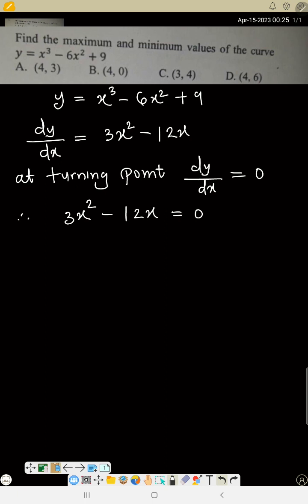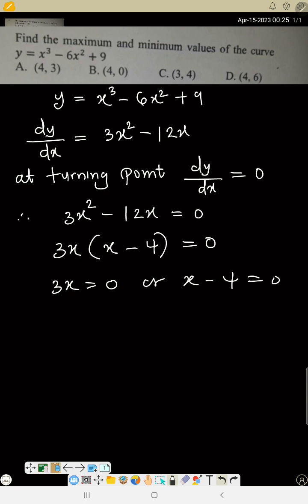So what is common here? 3x is common, so it remains x minus 4 equals 0. So that means 3x equals 0, or x minus 4 equals 0. So x equals 0 over 3, or x equals 4.